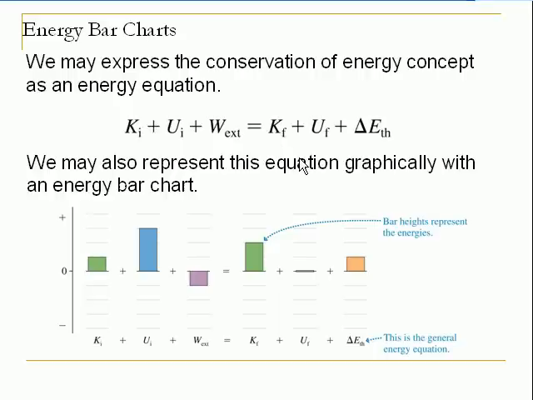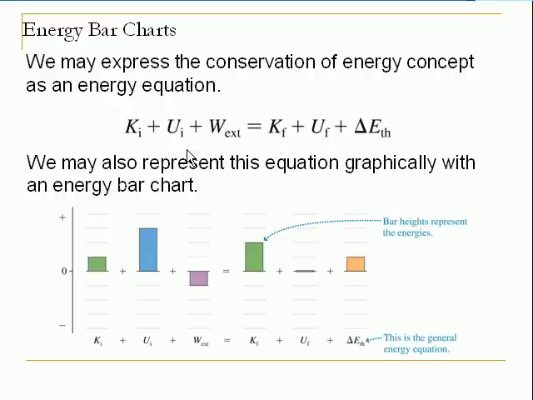So it's kind of like the conservation of momentum, except we're not going to deal with a whole lot of collisions here. It's just basically saying the energy at this time is going to be equal to the total energy at a later time. So the total energy, if you add up all the energy present in the system, should not change. That's what this equation is telling us.